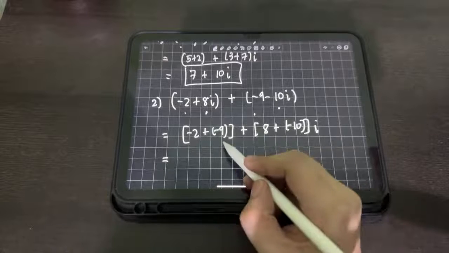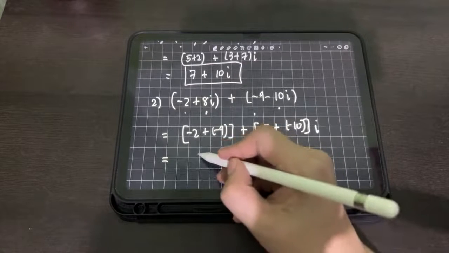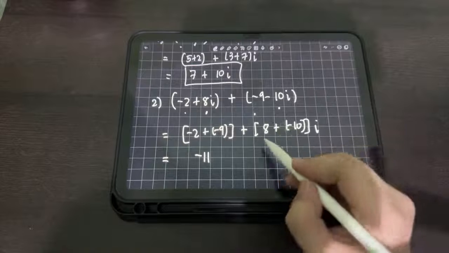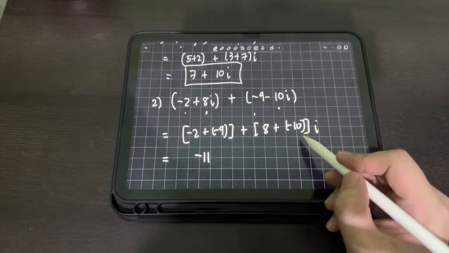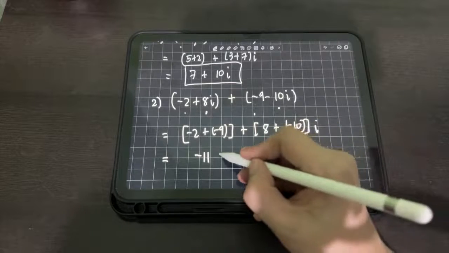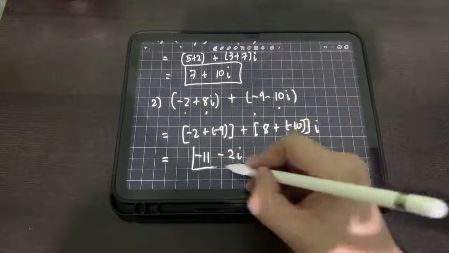So negative 2 plus negative 9, that's negative 11. And then 8 plus negative 10, that's negative 2. So we have negative 2i.